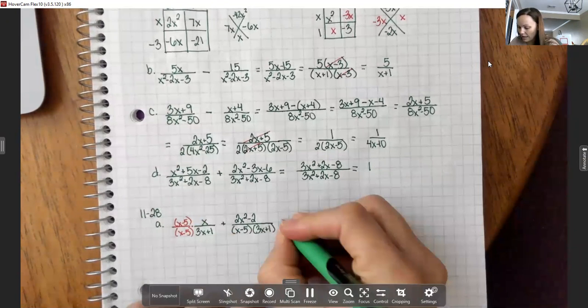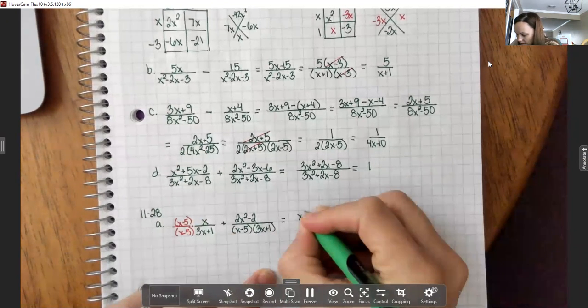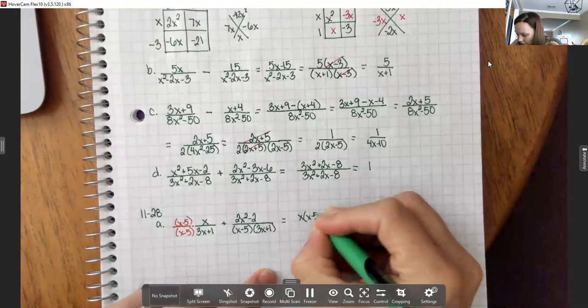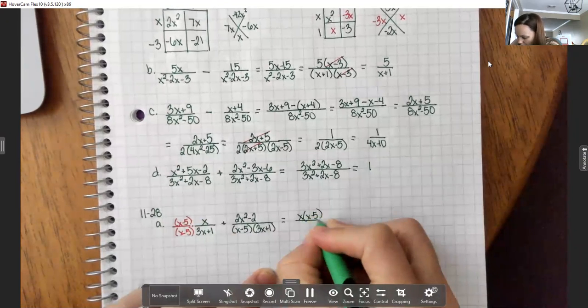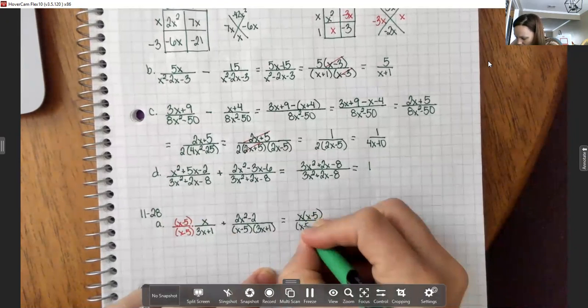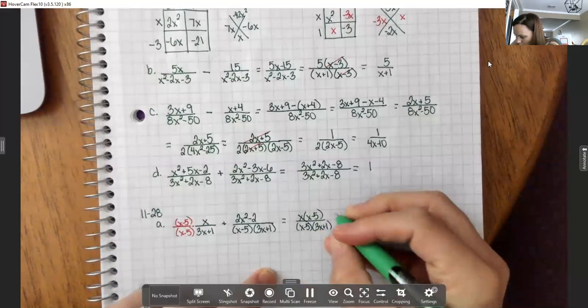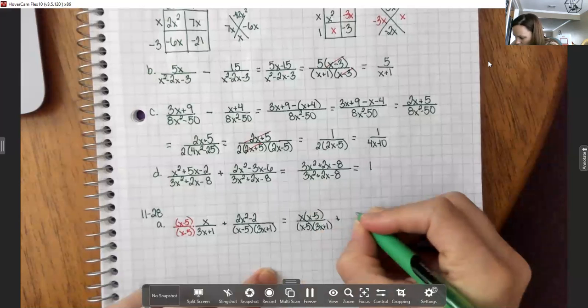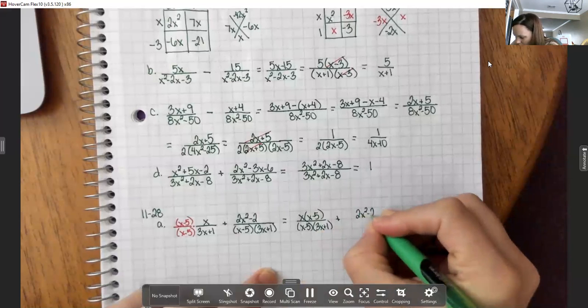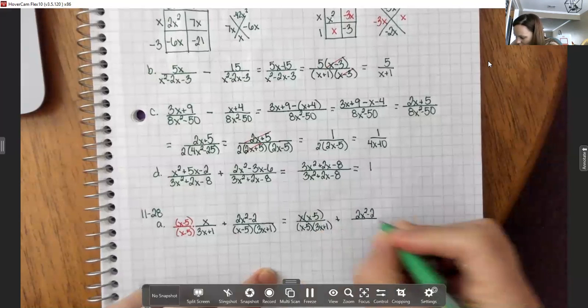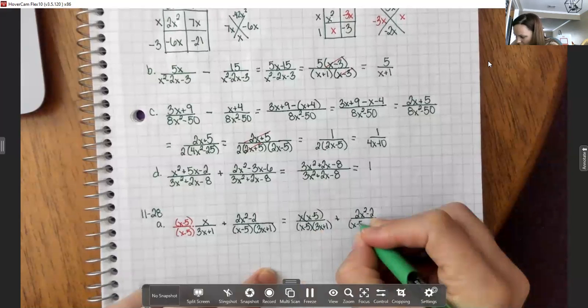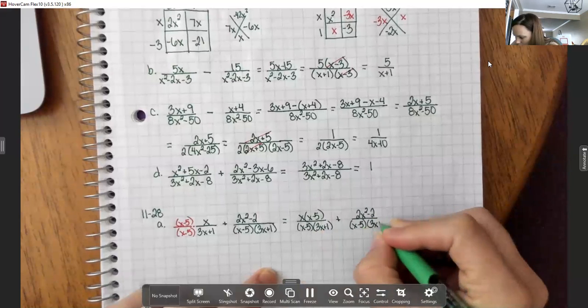By doing that, I have x times (x - 5) divided by (x - 5)(3x + 1) plus (2x² - 2) divided by (x - 5)(3x + 1).